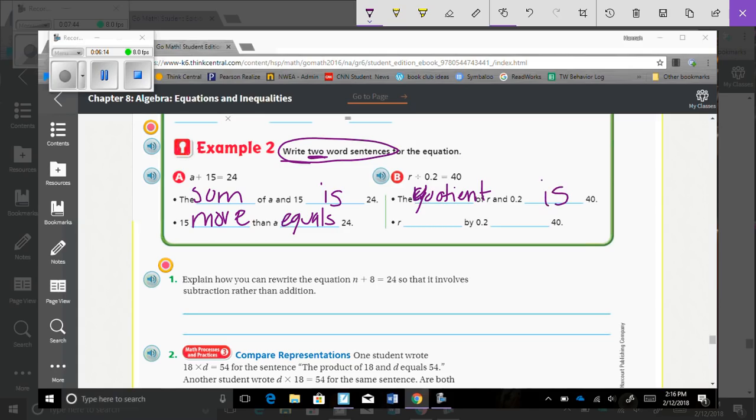Or we could say R divided by 2/10 equals 40. Sorry, I can't seem to get this pen to write. But so the two ways that we could write that equation right here is the quotient of R and 2/10 is 40, or R divided by 2/10 equals 40.